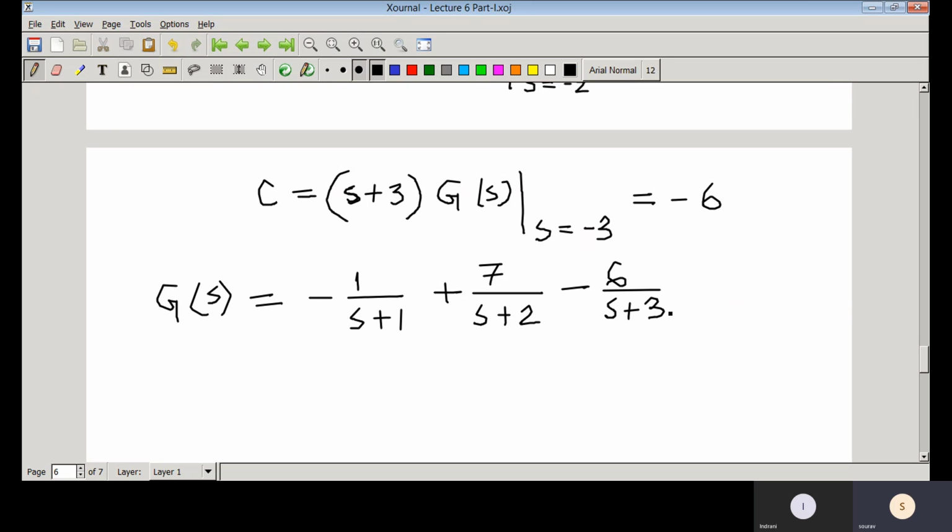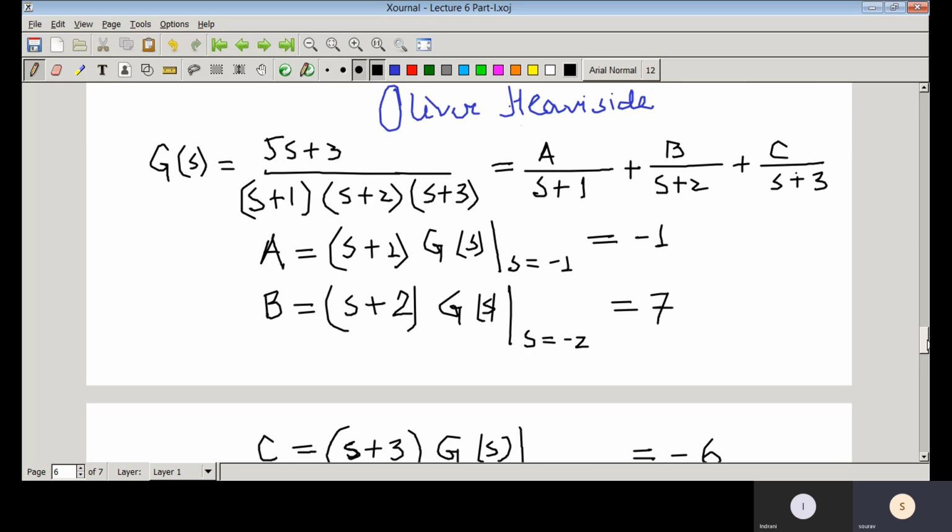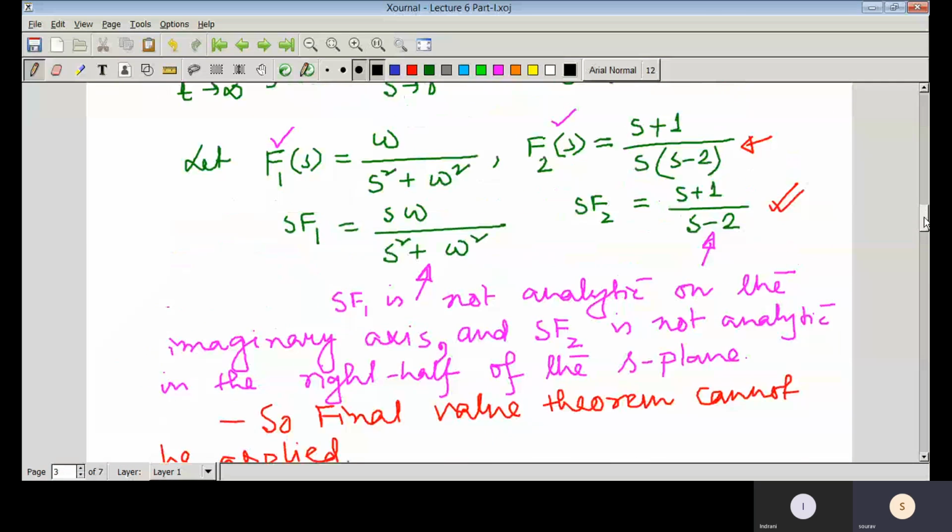So it is written in partial fraction form, and then directly you can apply the inverse Laplace transform. You can use that table, or you know the formulas that we have written at the very beginning.